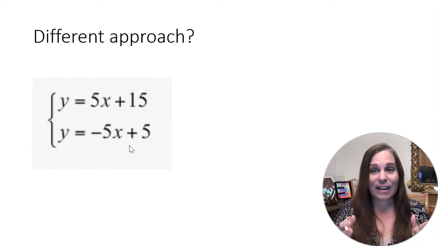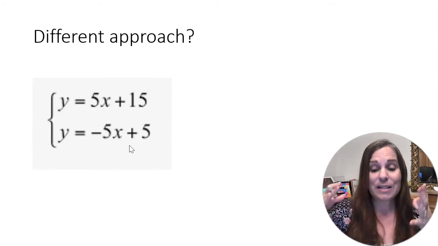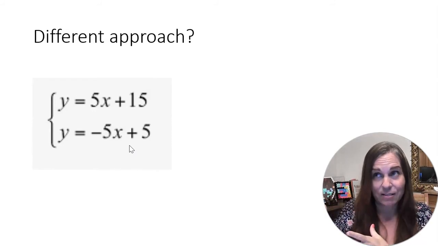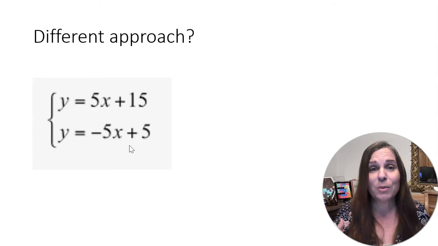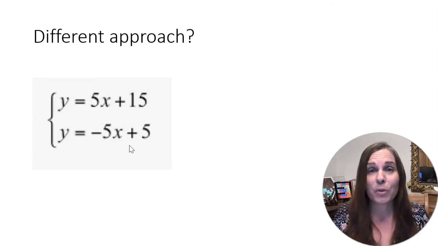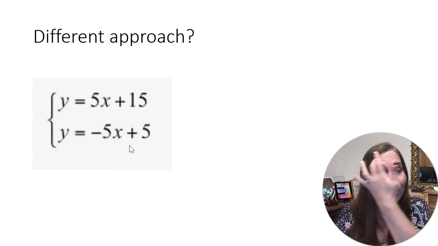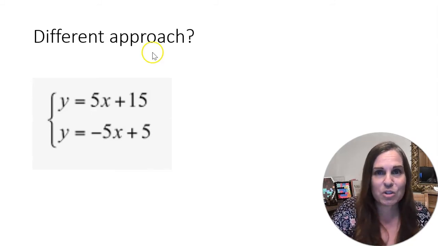Think about that again. If they're both equal to the same thing, then they've got to be equal to each other. So when you have a system where both equations are equal to the same variable like we have here, they must be equal to each other.